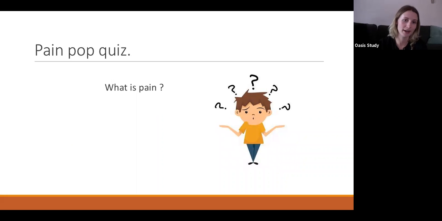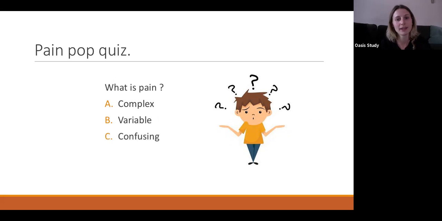So what is pain? Pain is complex. Pain is variable. Pain is confusing, or all of the above. In this situation, it's all of the above. Pain is being researched constantly. For a lot of people, it can be confusing. It could change a lot, and it is very complex.